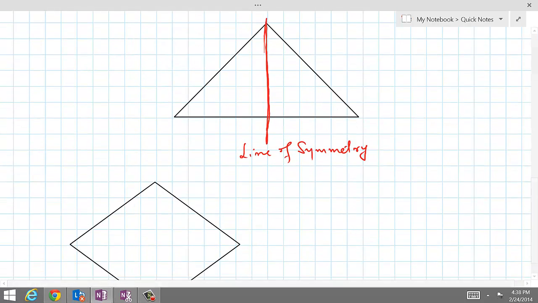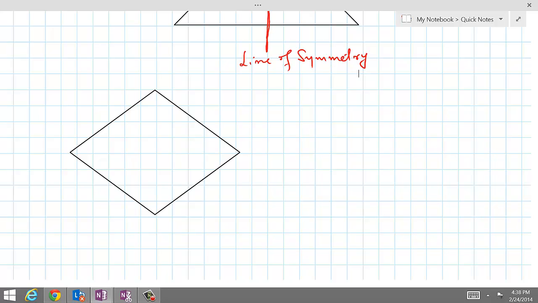And how many lines of symmetry can we have here?